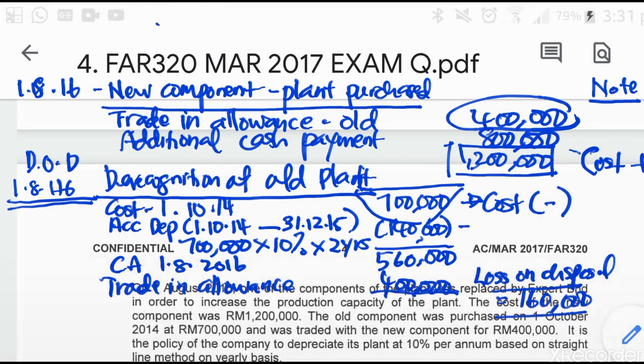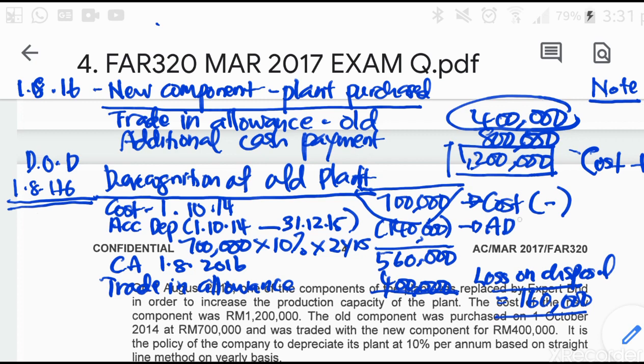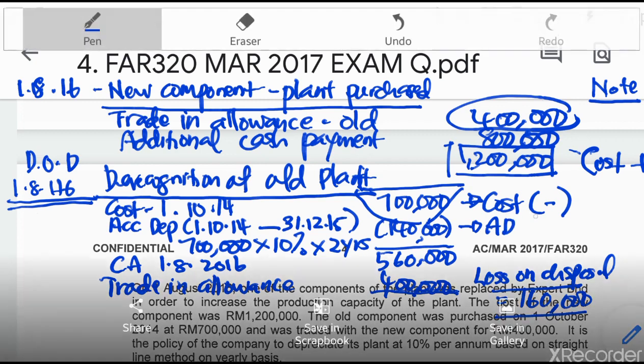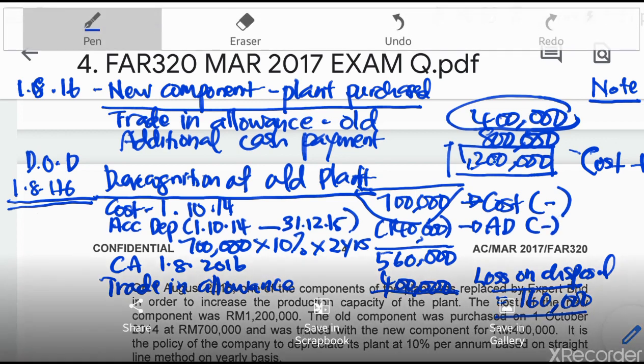Same goes for this depreciation. You also need to go and eliminate from your accumulated depreciation. However, for the new asset, that is the 1.2 million, not the new asset, the new component, you need to charge depreciation.